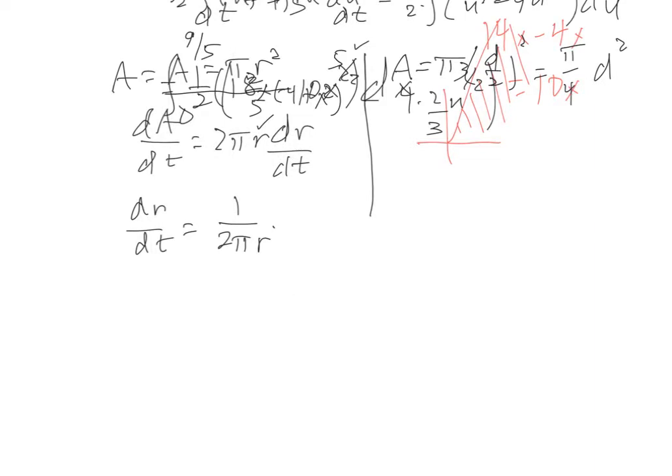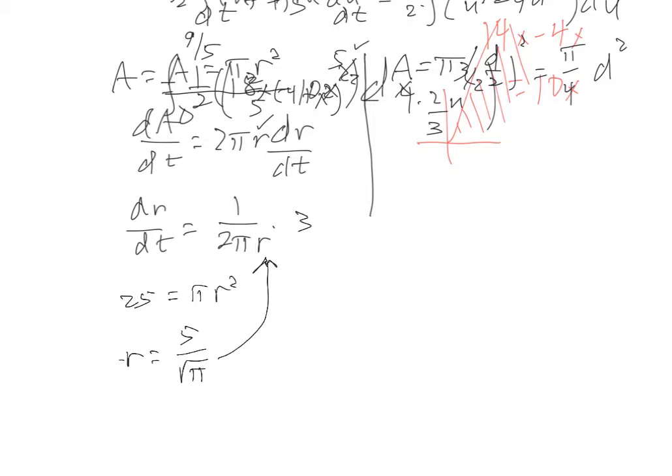So we'll multiply by 3. And then we need to know the value of r when the area is 25. So 25 equals pi r squared, and therefore r is the square root of 25, which is 5, over the square root of pi. So plug that in. You didn't have to simplify it. It doesn't matter. That's the rate of change of the radius, and then double your answer.